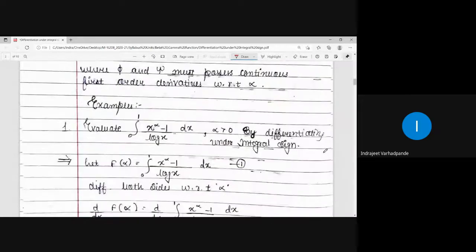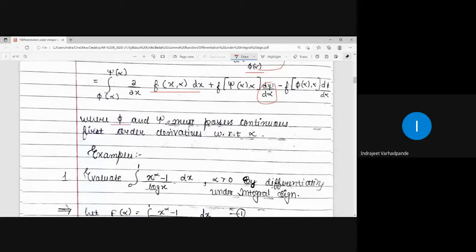Now what are these? These are nothing but the terms available to us, as phi and psi must possess continuous first order derivatives, because we are writing this. Here you make a correction: this is the derivative with respect to alpha for the given function, and whatever it is, then lastly we integrate with respect to x and put the limits.